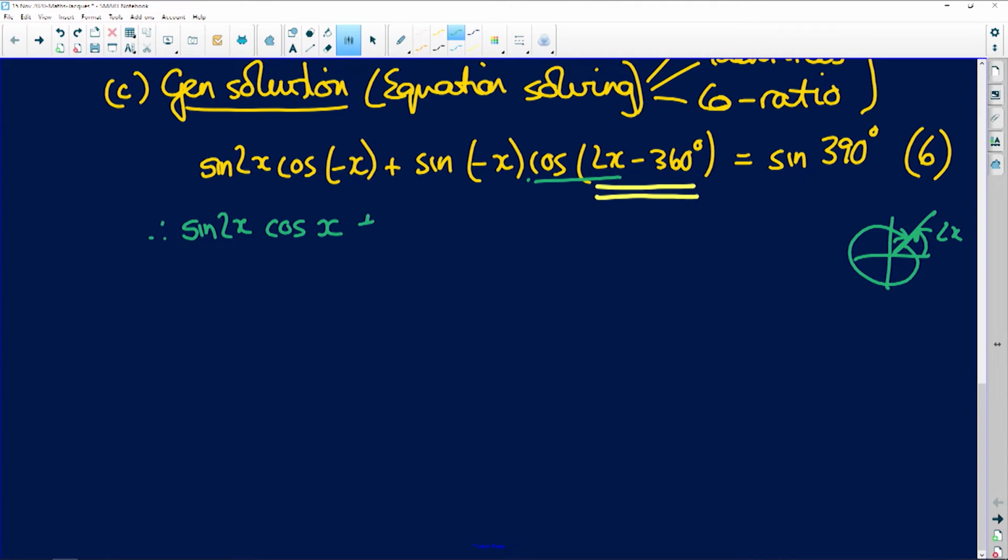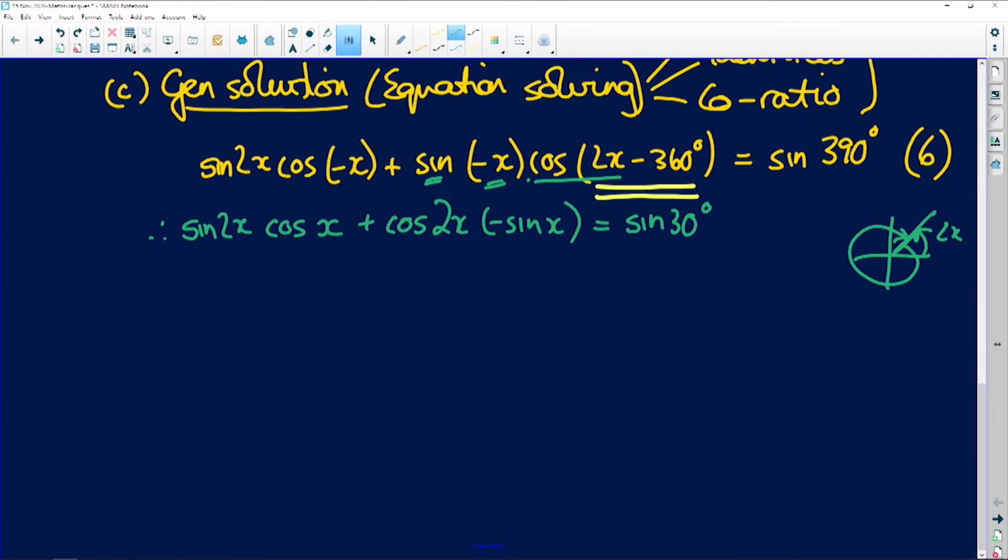So I've got plus the cosine of 2x, and then here there's something funny that's going to happen. It's a 4th quadrant angle. Sine is negative, so minus the sine of x, which means it's going to change this positive. Now on the right-hand side, folks, we have 360 plus 30, and that is just the sine of 30 degrees.